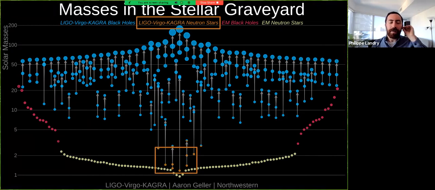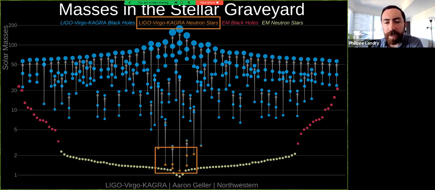All right, so that was a little bit on how we actually learn about neutron star matter from gravitational waves. What are the neutron star observations we've made with gravitational waves to date? So what are we working with here? Here is a big schematic of everything that LIGO, Virgo, and KAGRA have seen so far. Black holes are in blue, neutron stars are in orange.